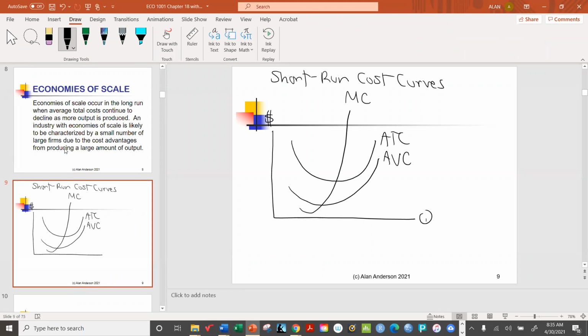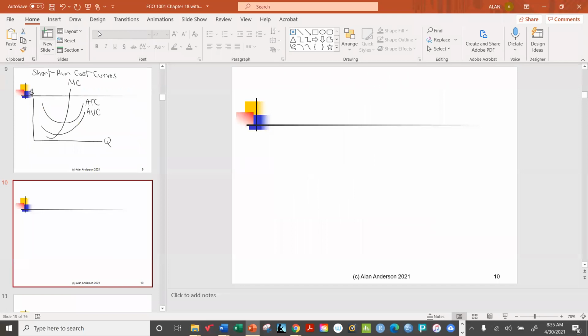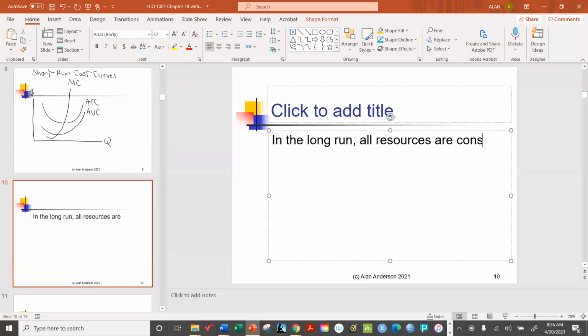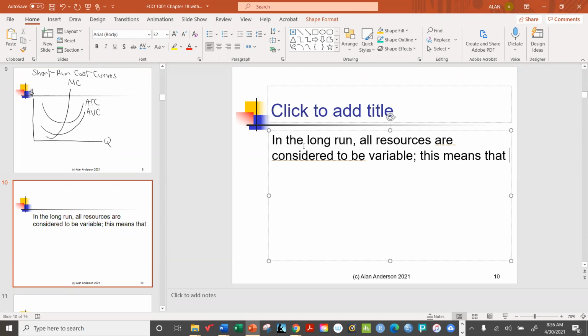We're completely comfortable with this idea, but it turns out that in the long run, things change because in the long run, as you know, all resources are variable. That changes everything. This means that the law of diminishing returns no longer applies.